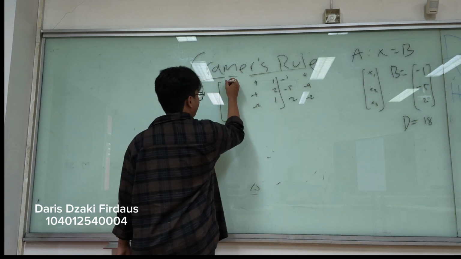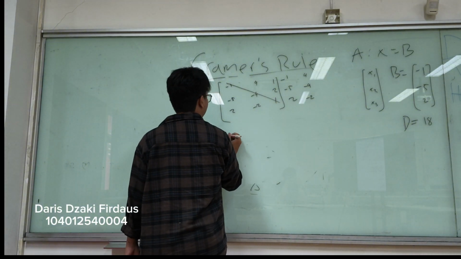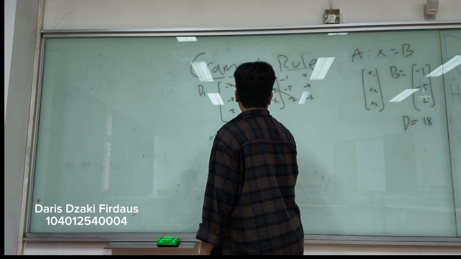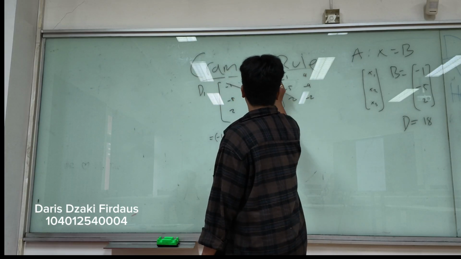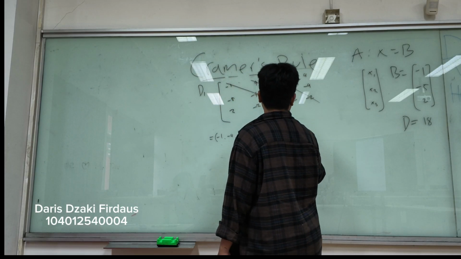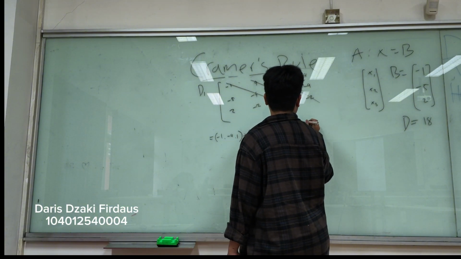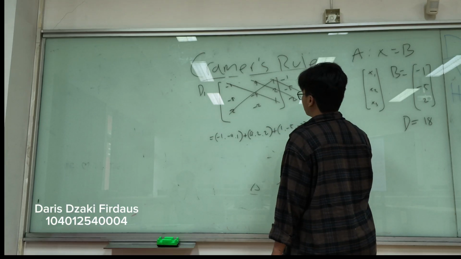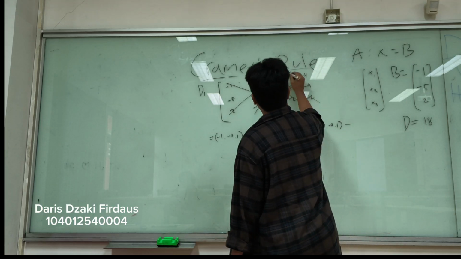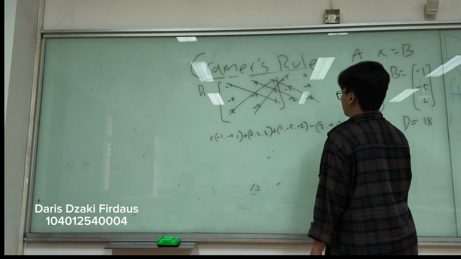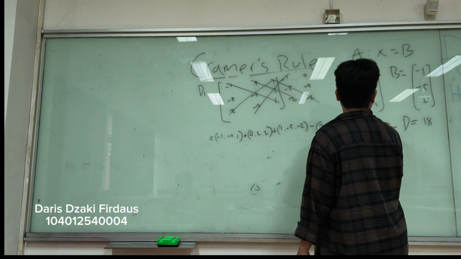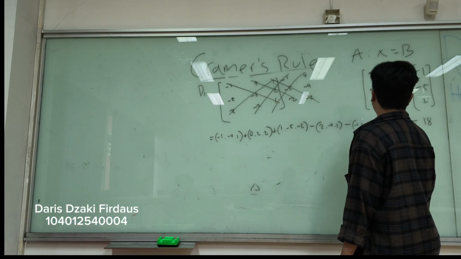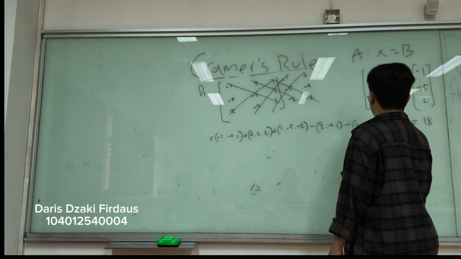Then times minus 4 times by 1 plus 4 times 2 times 2 plus 1 times by minus 5 times minus 2, and then minus 2 times by minus 4 times by 1, minus 2 times by 2 times by minus 1, and the last one is 1 times by minus 5 times by 4.